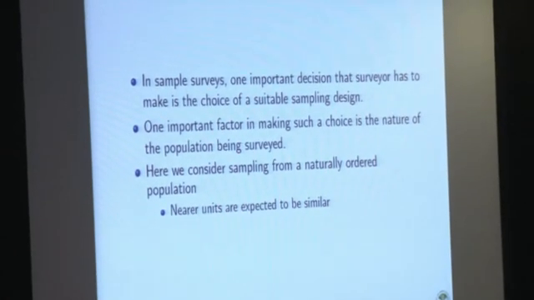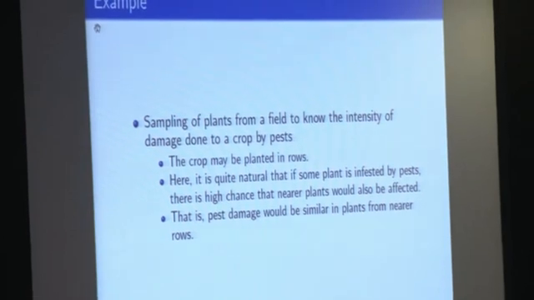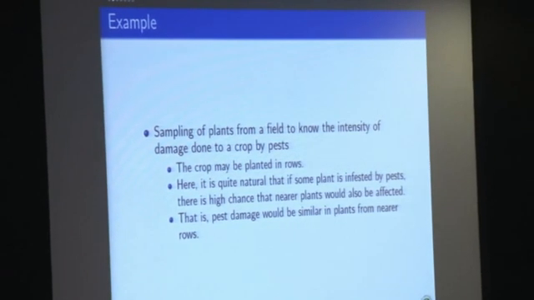Under that natural ordering, it is expected that the population units which will be surveyed are similar when the units are nearer. For example, consider sampling of plants from a field to know the intensity of damage done to a crop by pests.